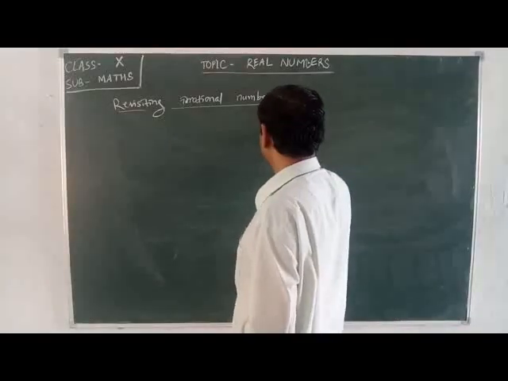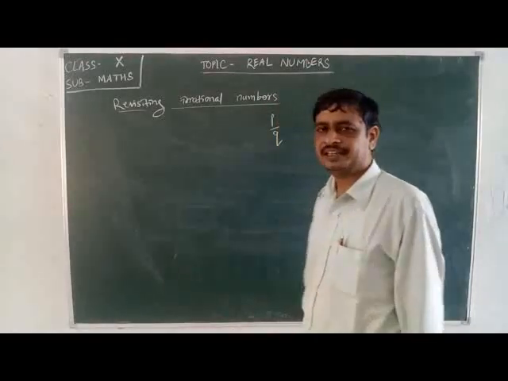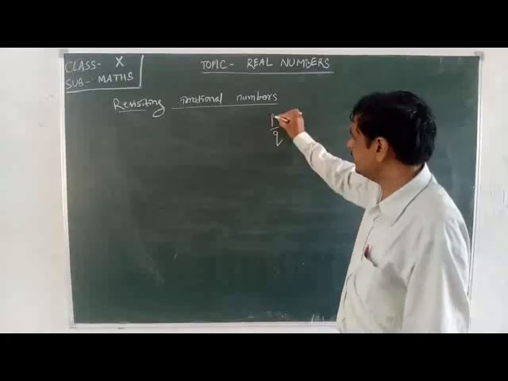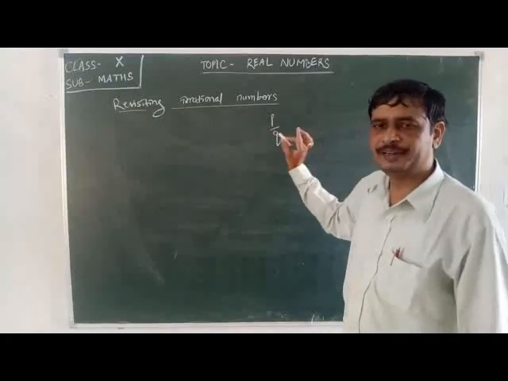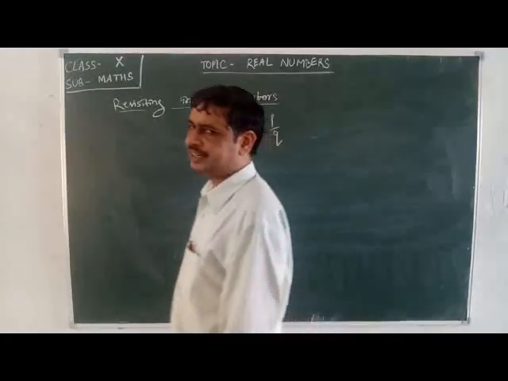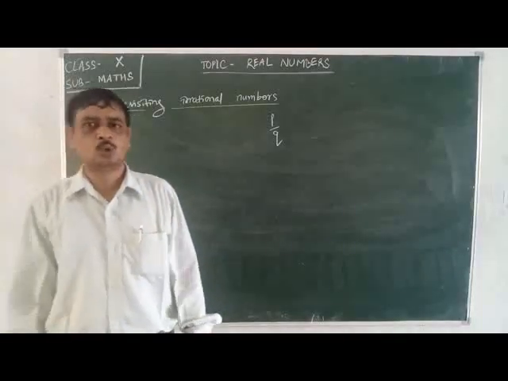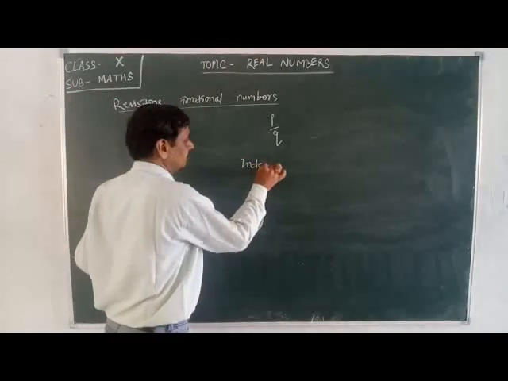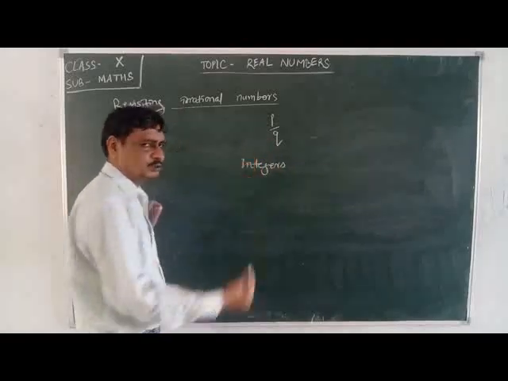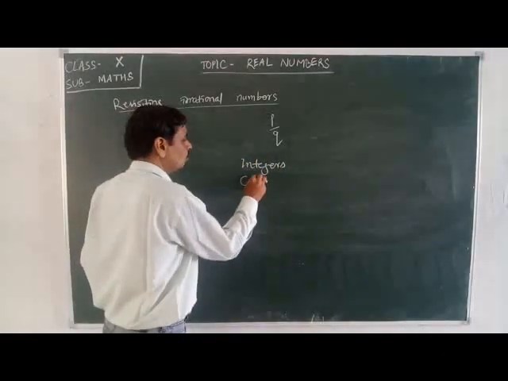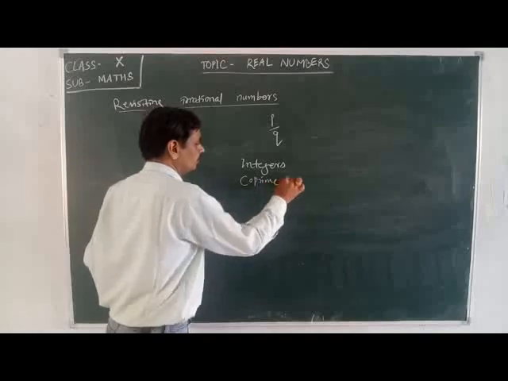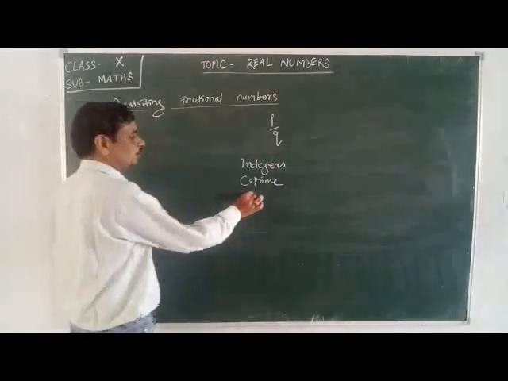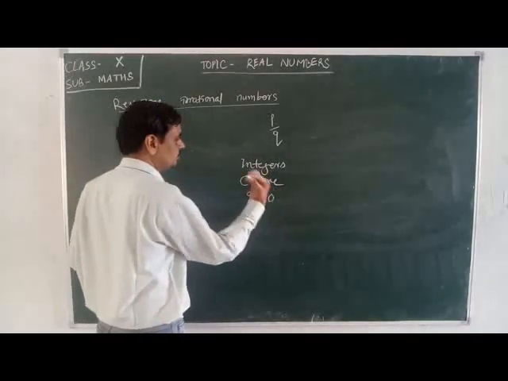Any number which can be expressed in the form p by q, where both p and q are integers and co-prime, and q is not equal to 0, is rational.